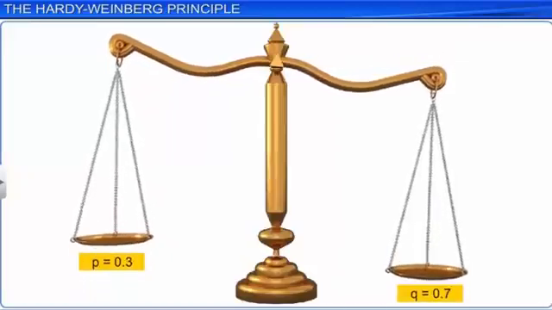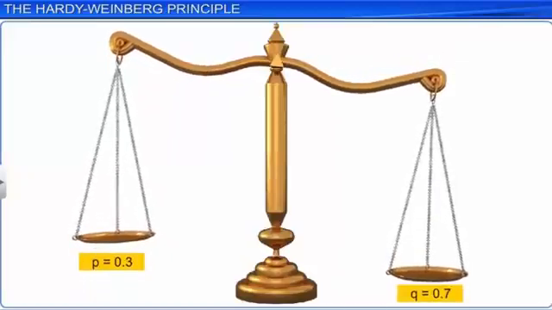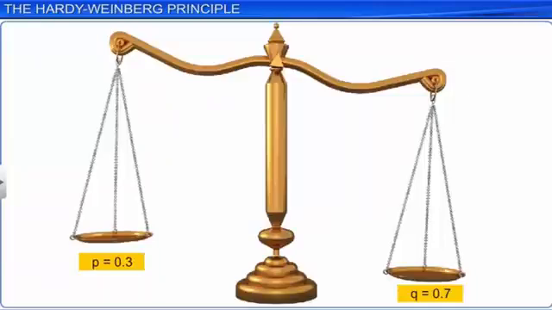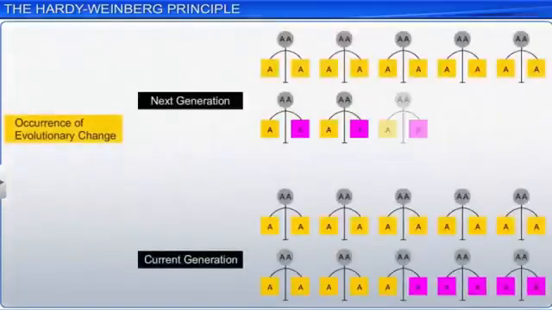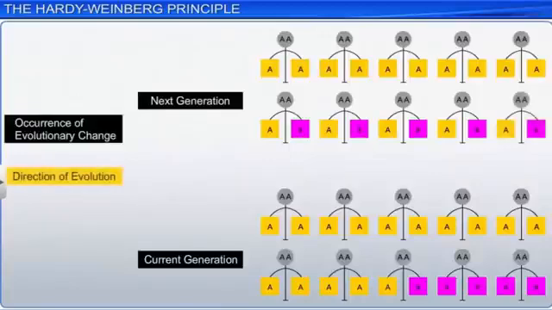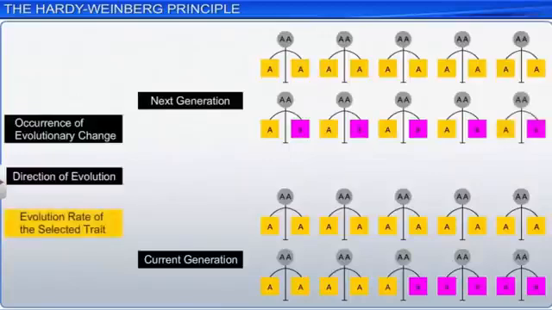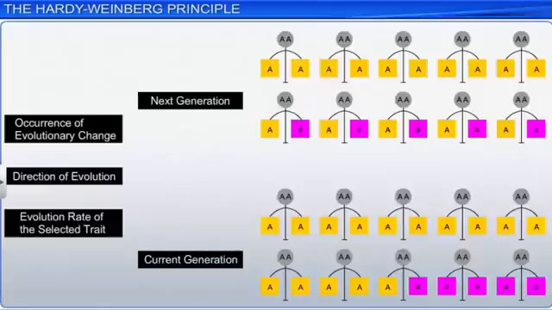If it changes to either less than or more than 0.5, it would indicate evolutionary change. We can learn about the occurrence of evolutionary change, the direction of evolution, and the evolution rate of the selected trait by comparing the genotype frequencies of the next generation with those of the current generation.